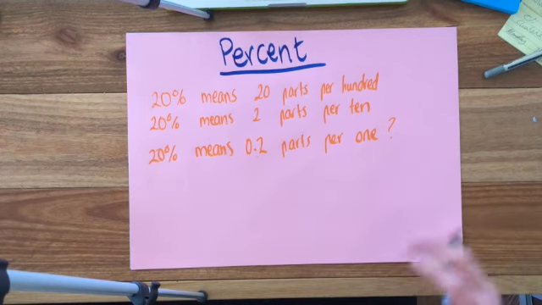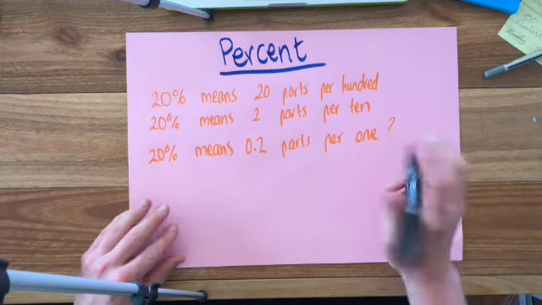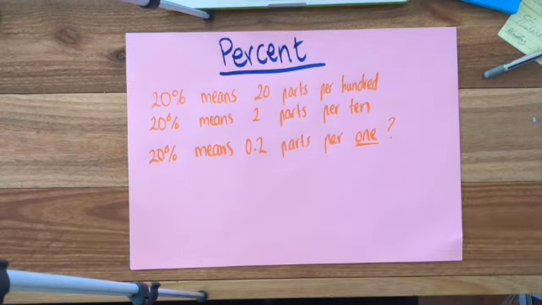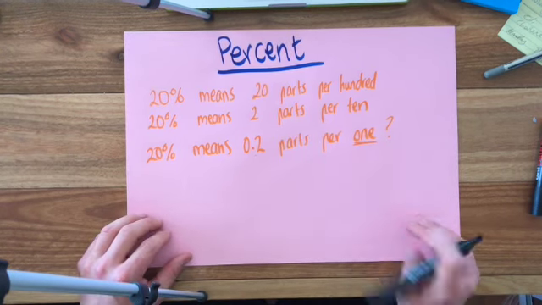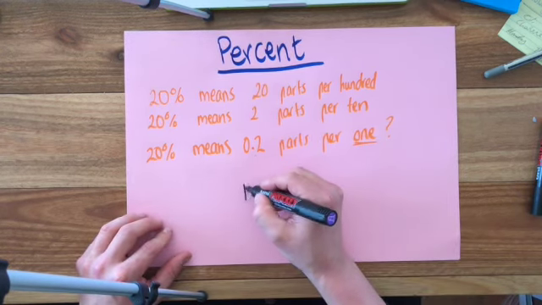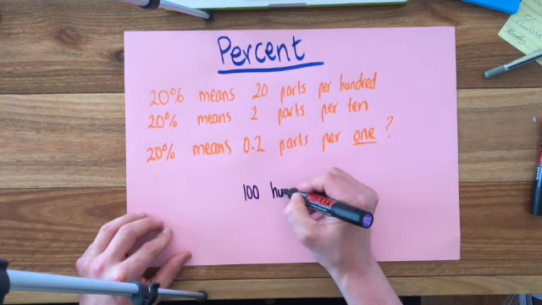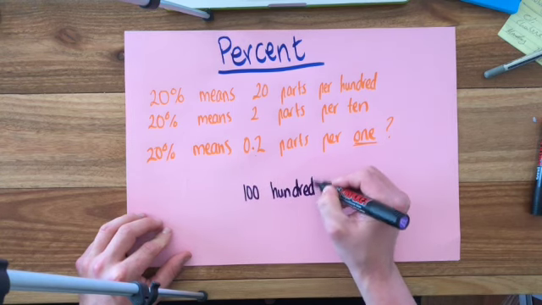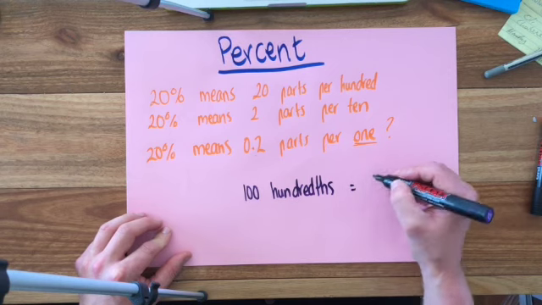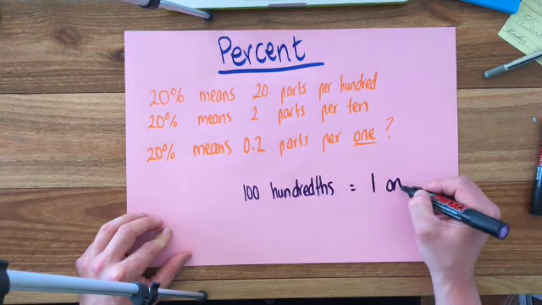Now we can also think of this in another way. How many hundredths in 1 one? Have a think. How many hundredths in 1 one? You'd be right. There are 100 hundredths equals 1 one.